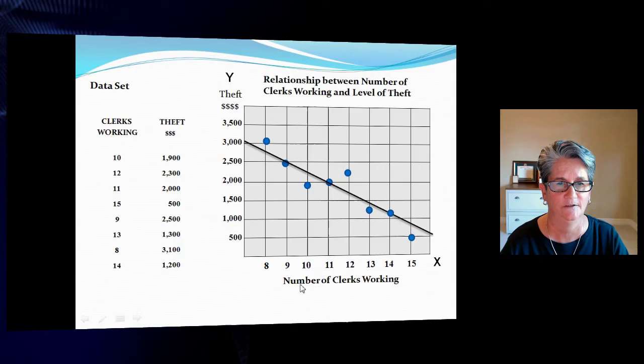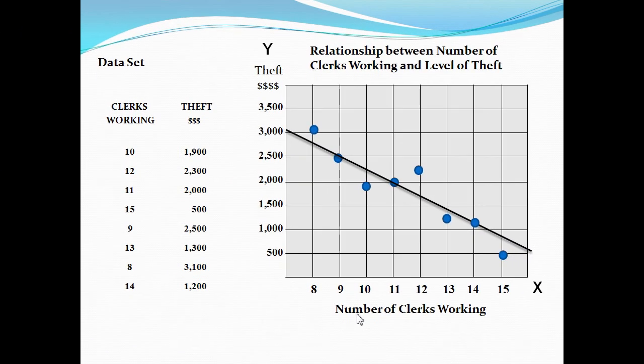You take your findings and you report to your manager. Your results are staggering. There is a very clear pattern here. Your hunch was correct. You felt that perhaps theft was related to how many clerks were working. In fact, let's look at our actual numbers. We're going to be able to make a very strong case and a strong report to your boss. With 8 or 9 clerks working, theft is at $2,500 to $3,100.